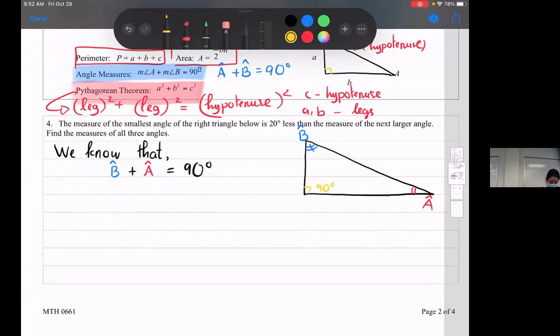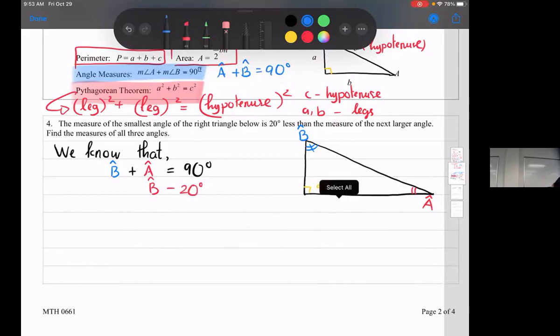The measure of the smallest angle of the right triangle below is 20 degrees less than the measure of the next larger angle. So is B 20 less than A or is A 20 less than B? The smallest is A, and they say the smallest is 20 degrees less than the measure of B. So that means A is B minus 20. Yeah, it's 20 degrees less than B, right?